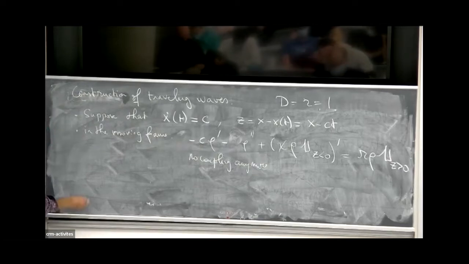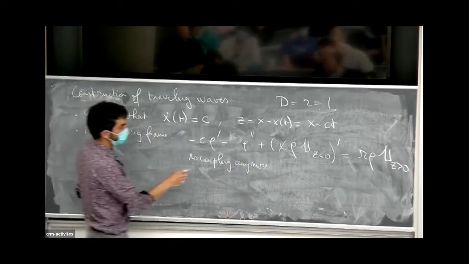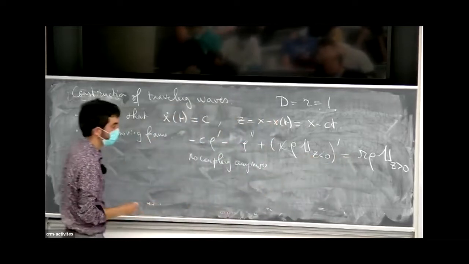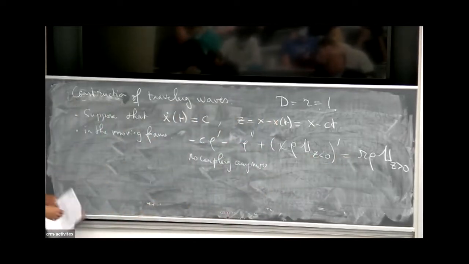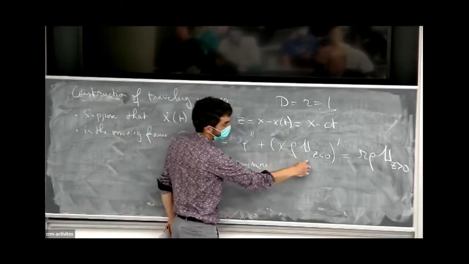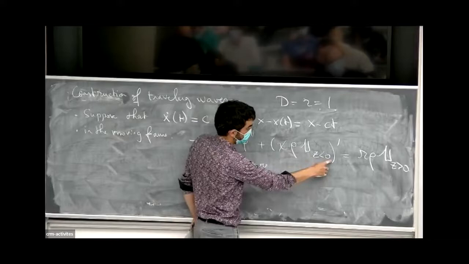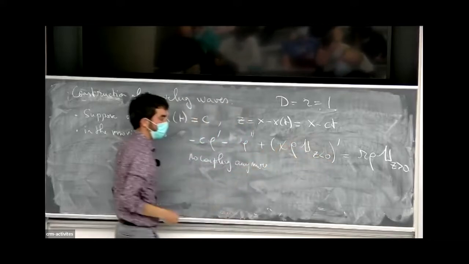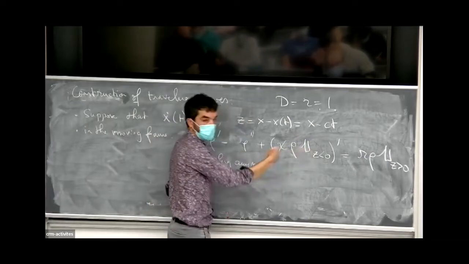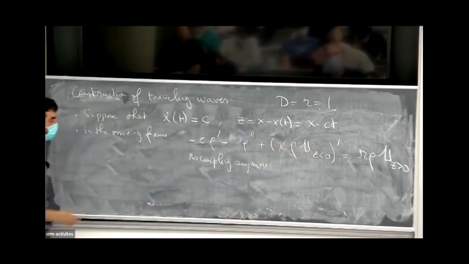Now it's a piecewise linear equation. I will have to match two exponential solutions, one on each side. The matching condition requires some care because there is a discontinuity: the advection term is discontinuous, and we have to ensure that the flux of cells going through the interface remains continuous. This is the essential condition.